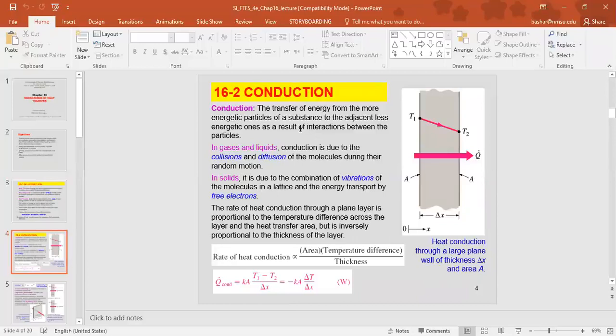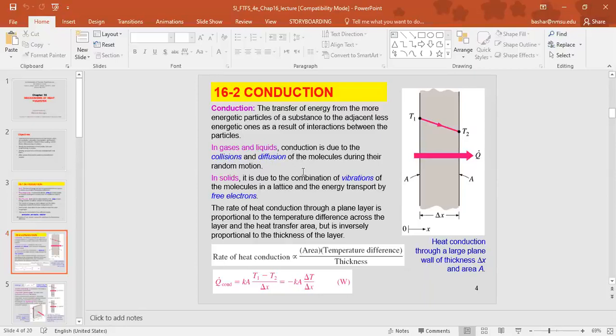Starting with conduction, heat transfer is the transfer of energy from the more energetic particles of a substance or matter to the adjacent, less energetic ones as a result of interaction between the particles, or as a result of molecular activity.